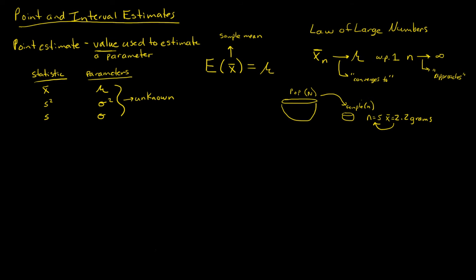Let me put a box around this in blue. Would you expect this sample mean to be the exact mu over here? The answer is no, right? You know that there's sampling error; every single one of these 5 beans that you pulled out is not going to be exactly the population mean.